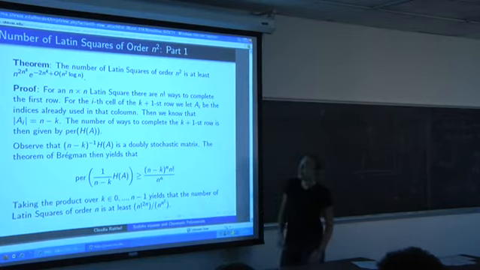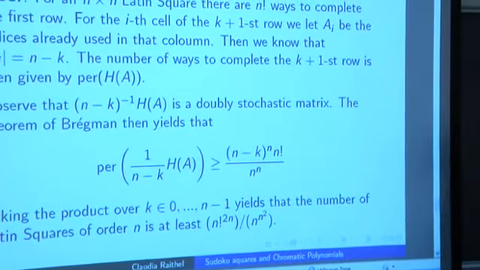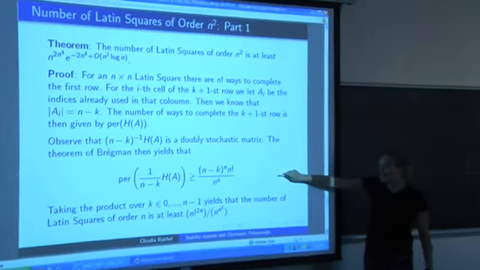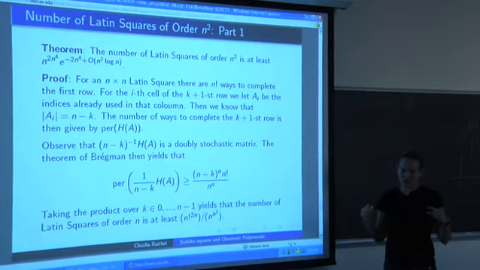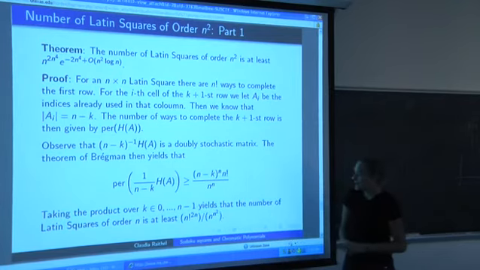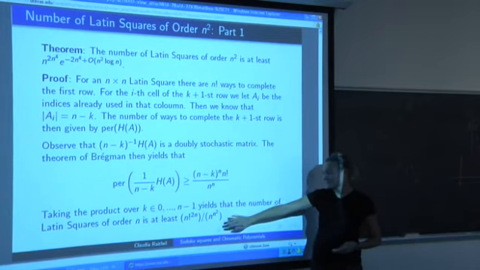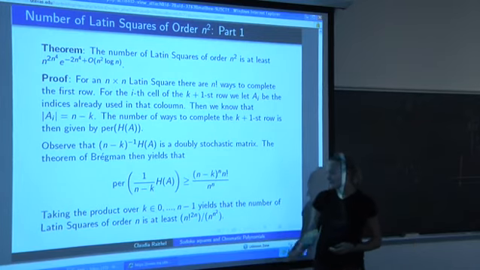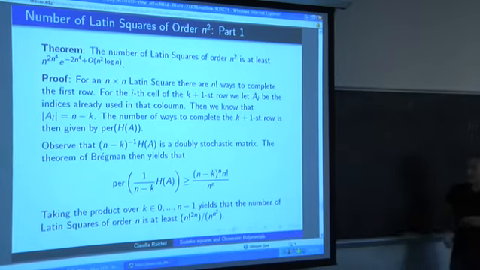I don't know why I thought it was a theorem by Bregman, because I don't know who Bregman is. So we've figured out how many ways there are to complete the k plus first row, but we have to do this for all the rows. So we take the product for k from 0 to n minus 1, and that yields that the number of Latin squares is at least n factorial to the 2n divided by n to the n squared. Okay, so then we have that inequality.